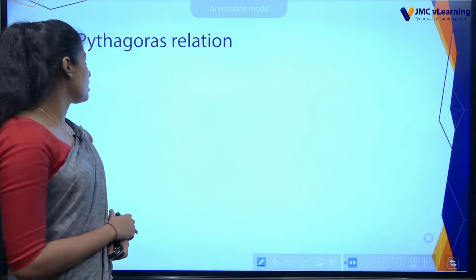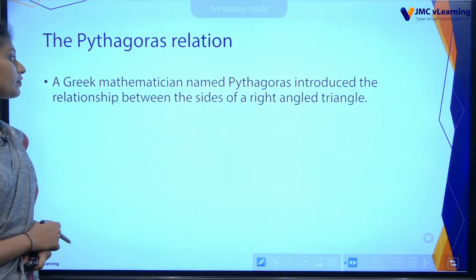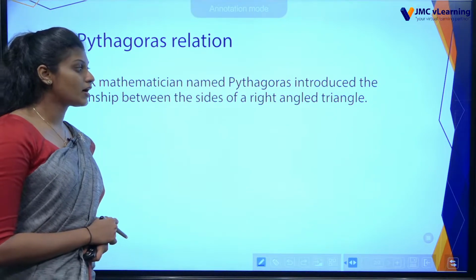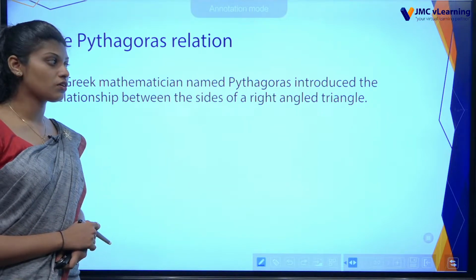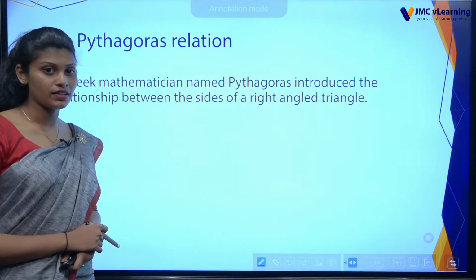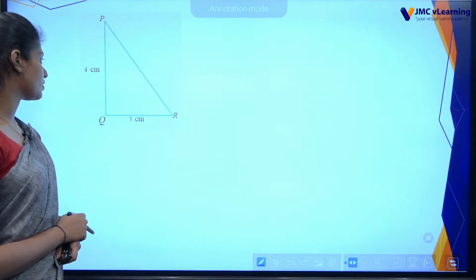Then let's learn the Pythagoras relation. A Greek mathematician named Pythagoras introduced the relationship between the sides of the right angle triangle. Now, here you can see a right angle triangle.